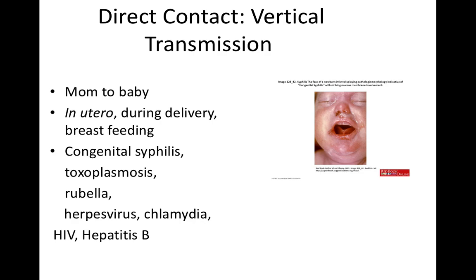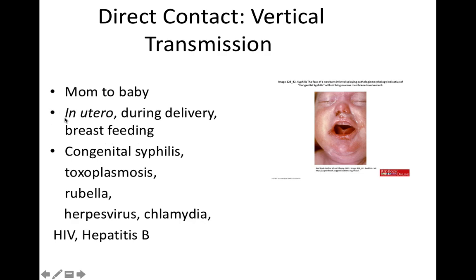And so, again, we're just focusing on vertical transmission, so mom to baby. It can happen in utero with those TORCH pathogens that can cross the placenta, or it can happen during delivery, say if mom is shedding the herpes simplex viruses, or is infected with chlamydia, or Neisseria gonorrhea, or syphilis.